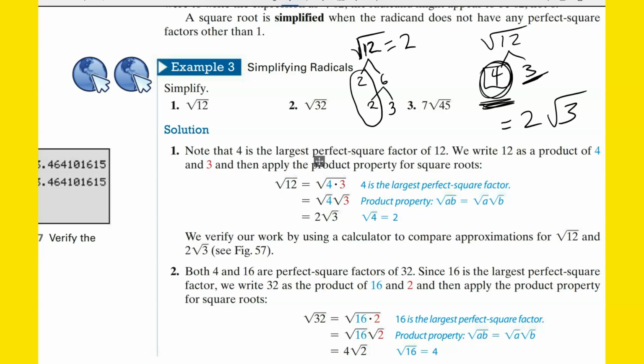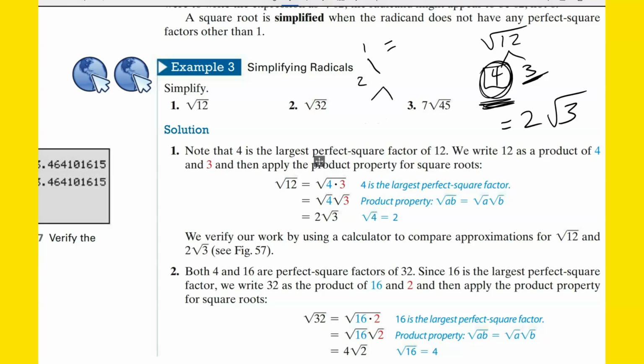Think of it like breaking out of prison. If you have a partner, then the two partners can work together to break out of the jail of the square root symbol. But the 3 does not have a partner. Nothing is like the 3, so it can't break out of the jail. It has to stay in there. So the 3 stays under the radical. Again, that's another way you can simplify radicals.